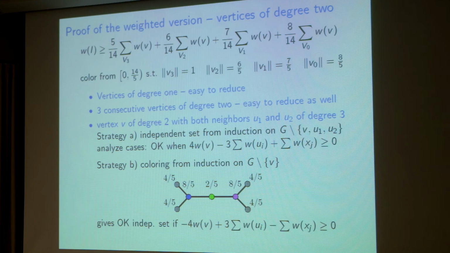And it might look like magic, but those two formulas are exactly complementing each other. So the goal is that if I have a vertex of degree 2 with two neighbors of degree 3, I will think whether this or that relation holds between the mutual weights, and either apply this strategy or that strategy, but in both cases, at the end of the day, I will be in good shape.